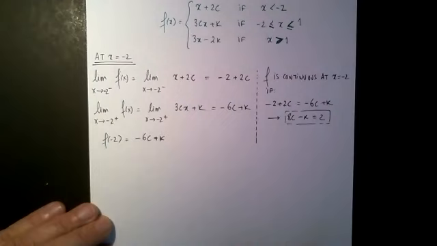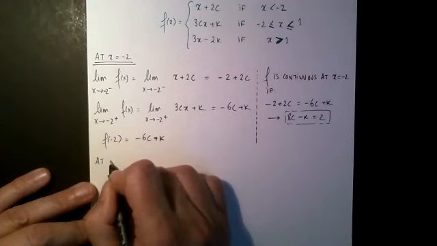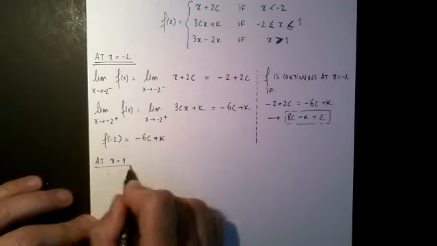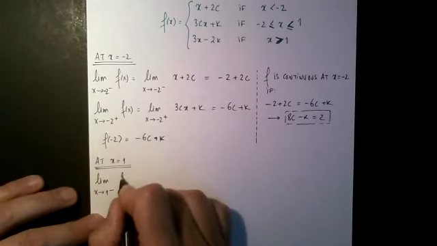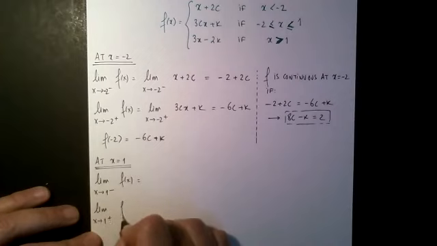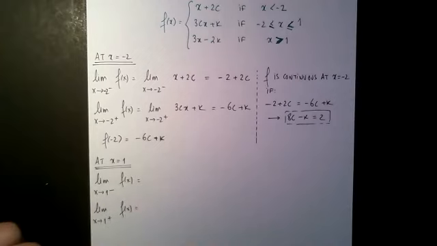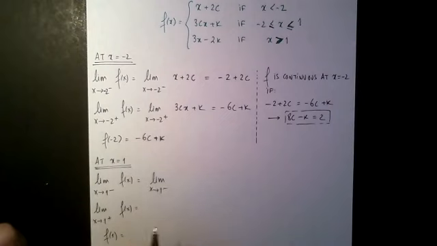Let's do the same thing now at x equals 1, at the other connection. So again, limit x approaches 1 from the left of f of x equals, and then limit as x approaches 1 from the right of f of x equals. And of course, f of 1 equals. Let's try all three.